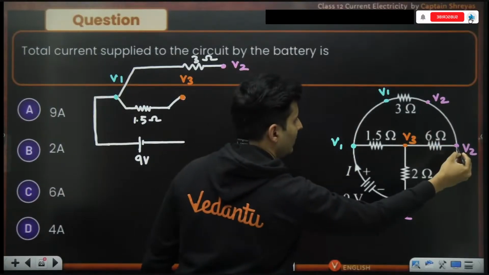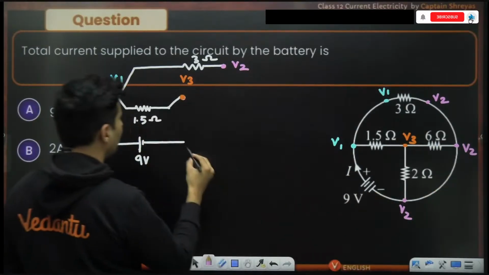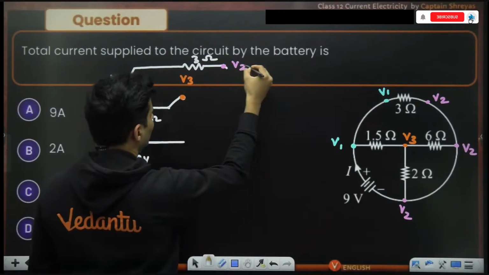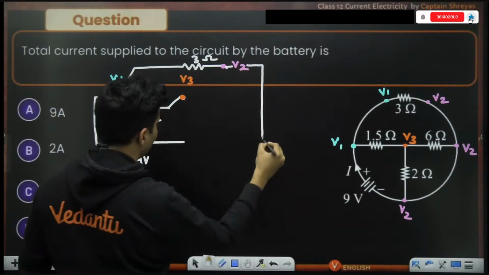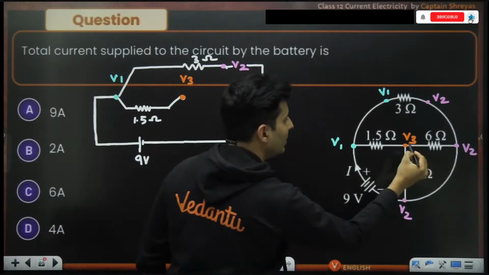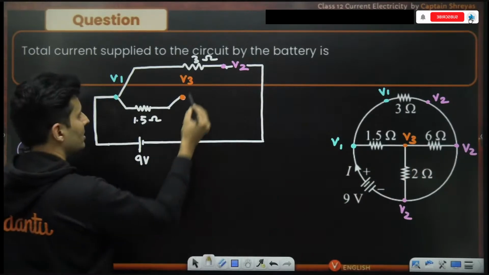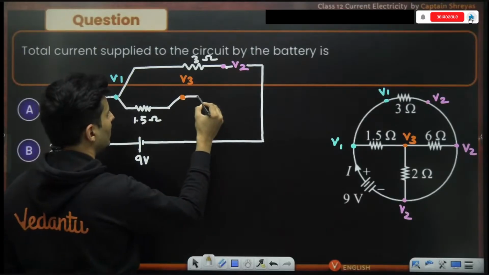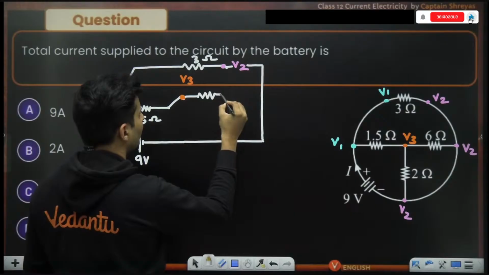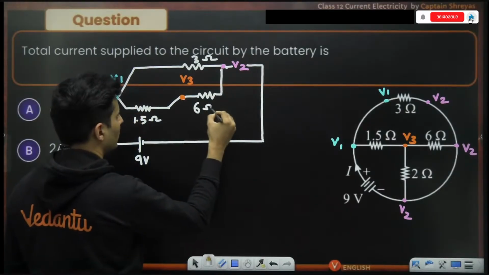That same V2 is connected to the negative terminal, and also V2 is connected to V3 by 6 ohms.